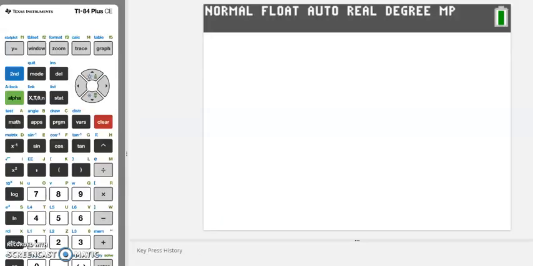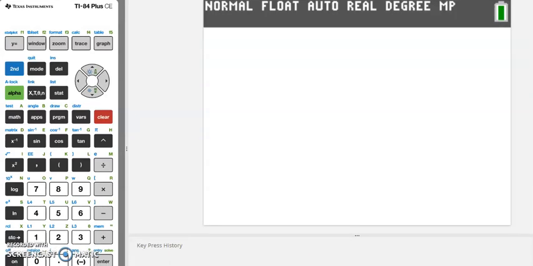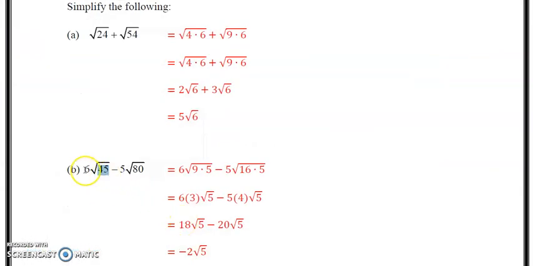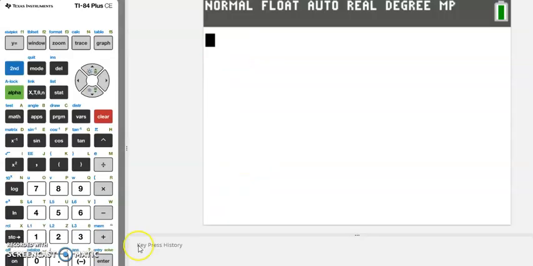So what I mentioned earlier, I think it's a good opportunity to try to check your work, right? So I just want to take an example. I wanted to show you that 6 root 45 is equal to 18 root 5. I think that's important. So we have 6 square root of 45.